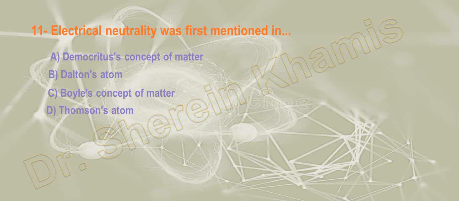And the last one, Thomson. Thomson's atom depends on electric charge, and neutrality was first mentioned by him, as he discovered, as we mentioned in the previous session, the neutron. Okay, we have more questions. We are going to question number 12.